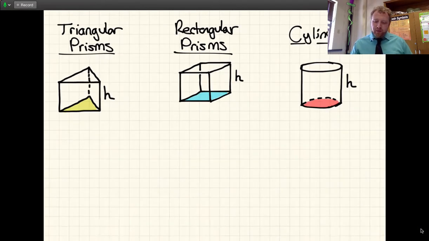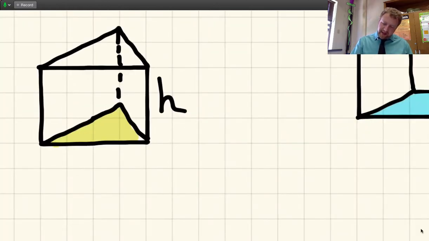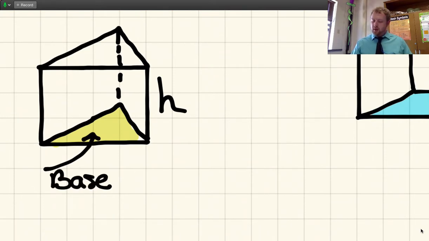Here's the thing about prisms, cylinders. All right? Notice that I've colored the base of each one of them. Okay? This right here is the base, and it has an area.